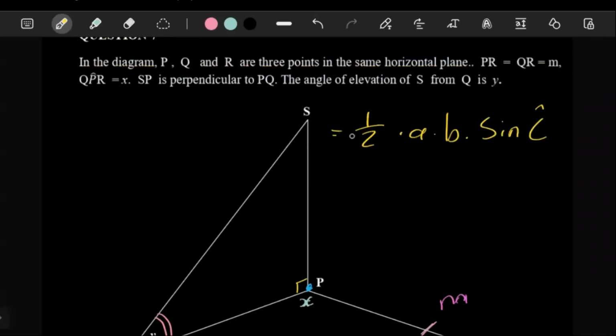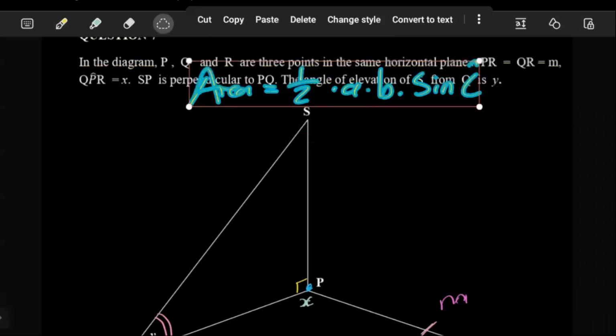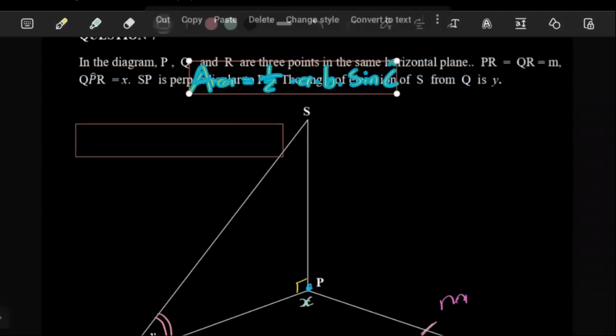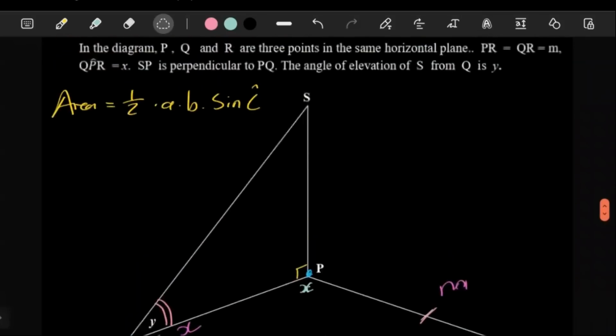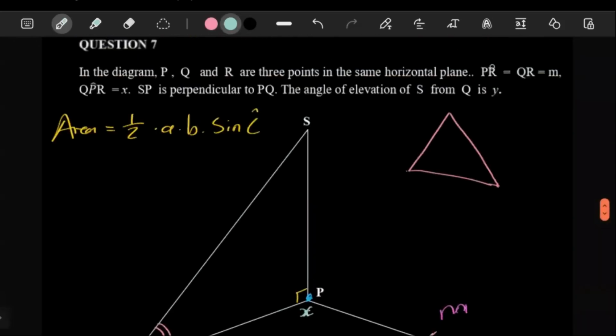This is the area rule. With this being the area rule, it is just like the cosine rule. The reason for you to use it is the same as the cosine rule, meaning you need a triangle with an angle given in the middle somewhere and two sides.